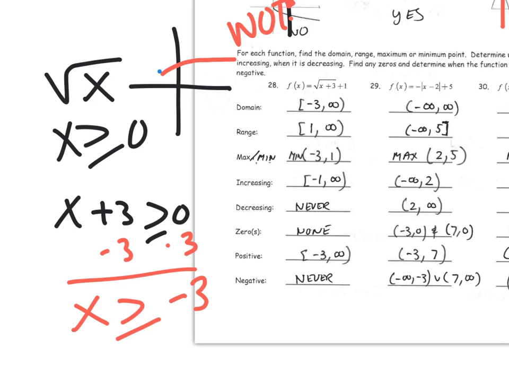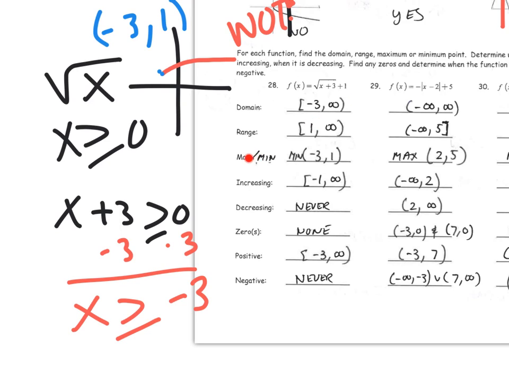This point right there is negative 3, 1. That's its starting point. So that's where the domain is left to right. So it starts at negative 3 and goes to the right, which is positive infinity, and the range starts at a bottom of positive 1 and goes on up to infinity.